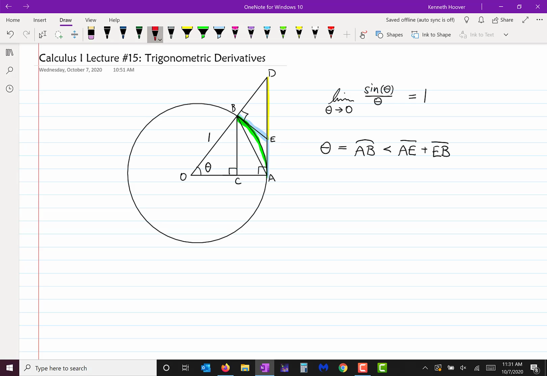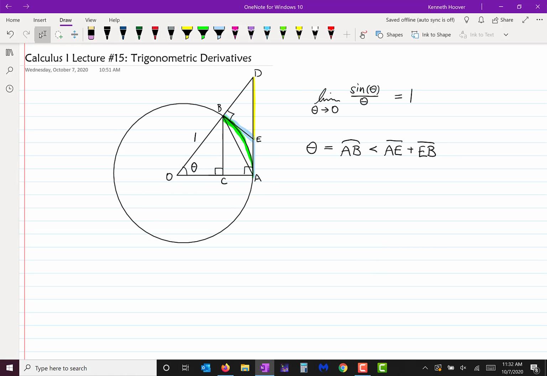So here's what I'm going to do. Right here, that EB right there, I'm going to replace that with ED, and it will get bigger because I'm replacing it with something bigger. Okay?